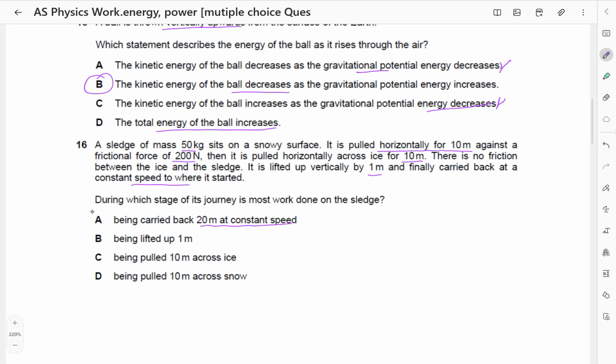It is lifted up vertically by 1 meter and finally carried back at a constant speed. There is no work done here. Being carried back 20 meters at a constant speed, there is no work done here.